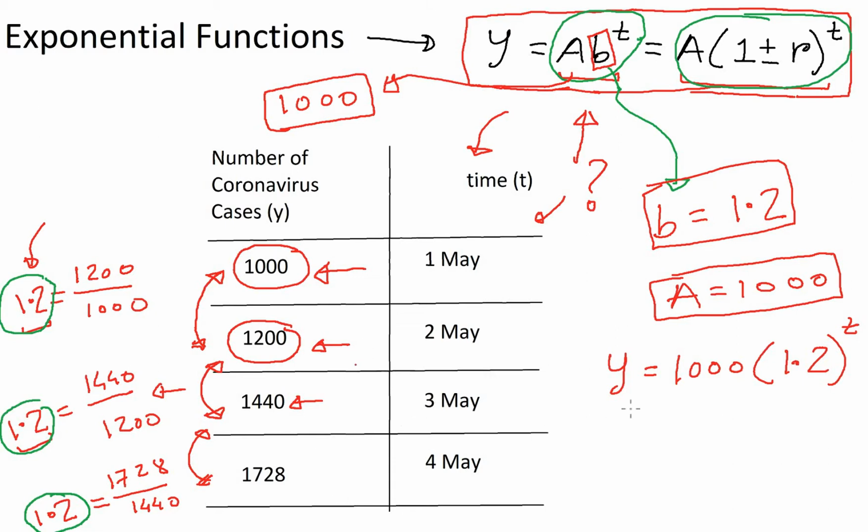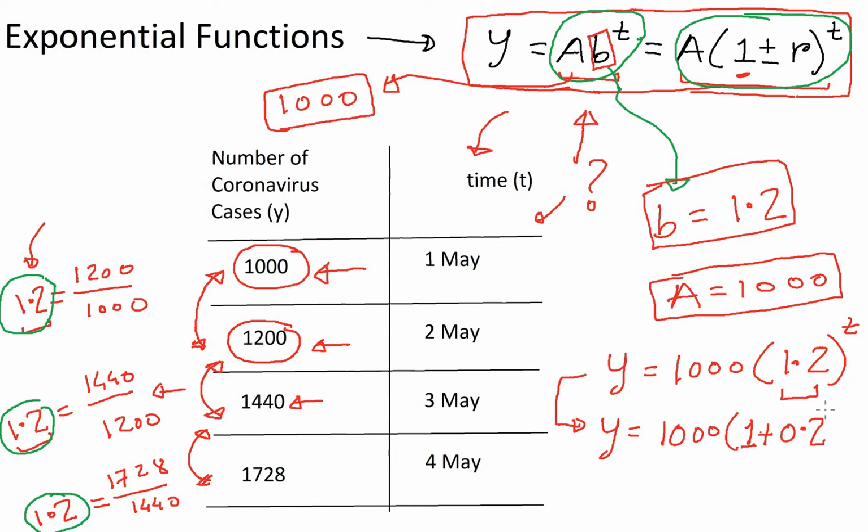If you want, you can also express this function in the other format. We can easily change it to the other format, 1 plus minus r. All you need to remember is that 1 is always there, it's fixed. So 1 will always be here, and now you just need to add 0.2 to make it 1.2.